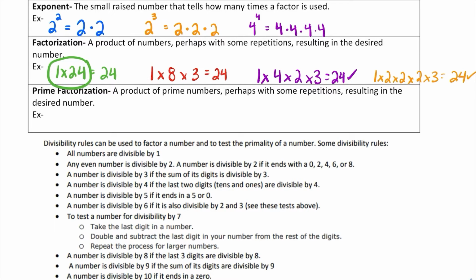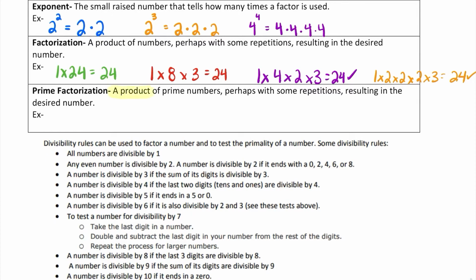So all of these right here are what we call factorizations. We are breaking down this number 24 into a multiplication sentence, into its factors. And this is going to help us understand what prime factorization is, because I can consider all of these examples that I just wrote as factorizations. But there's something special about prime factorization, and I think some of you might have an inkling as to what that means.